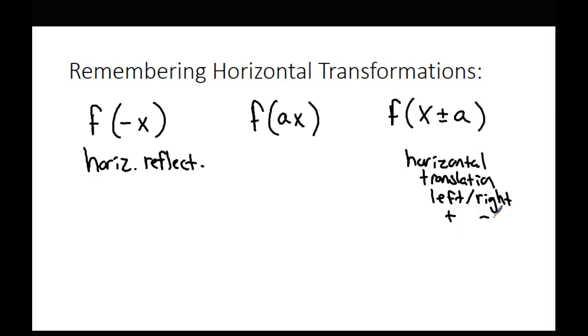All right, so if it's a plus, then you're moving your graph to the left. If it's a minus, then you're moving your graph to the right, and that's just a translation.